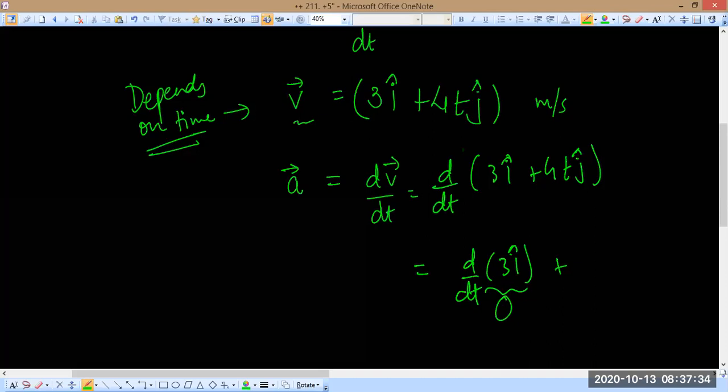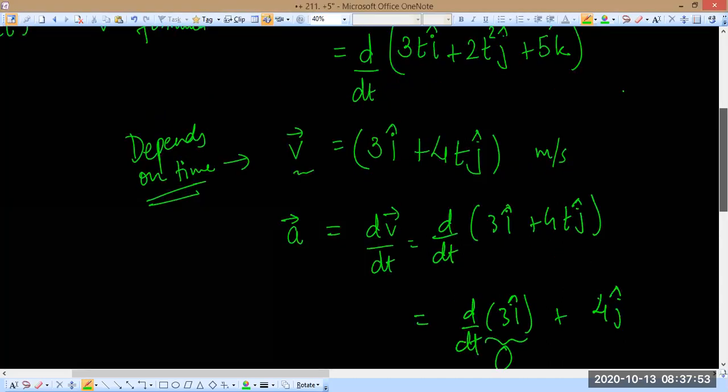Sanju, your question has been answered, right? Because 3 and I caret are both fixed, both constant, that's why its differentiation is 0. And here you'll get 4j caret, right? When you do it. Okay, so that's that for this particular part of the question.